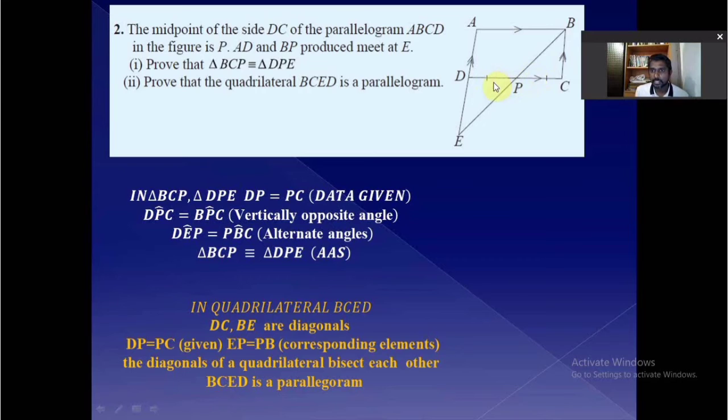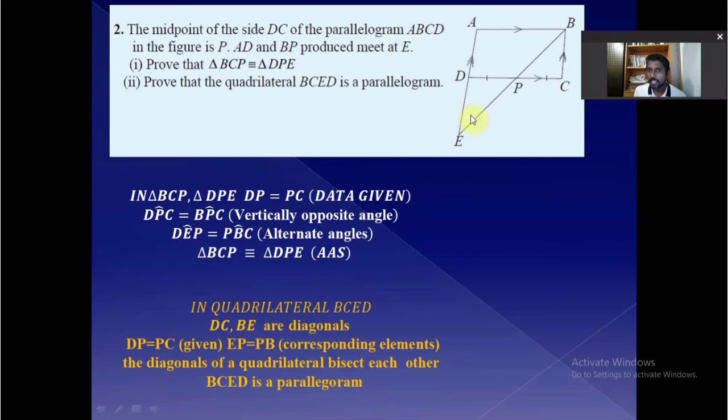In these two triangles, the data given is DP equals PC. Also angle DPC equals the angle at P, which are vertically opposite angles, and the other two angles are alternate angles.